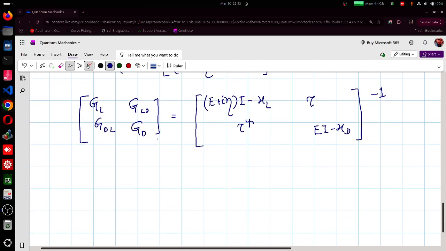What can we write now? We can take the Hamiltonian to this side and solve it.